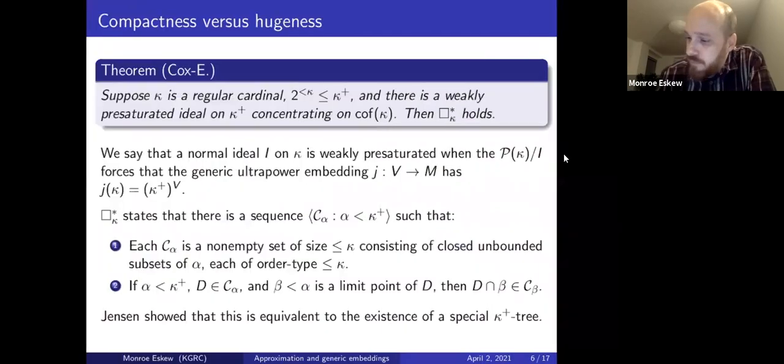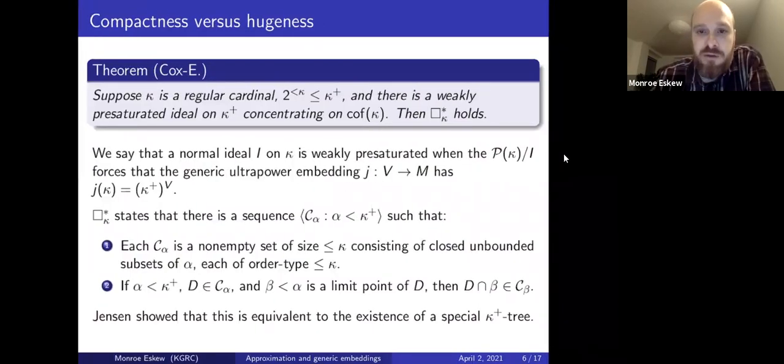Okay, so the first application of mine is this compactness versus hugeness at successor cardinals. The theorem is the following, with Sean Cox. Suppose Kappa is a regular cardinal, and now we're going to talk about Kappa plus. And we assume that 2 to the less than Kappa is less than or equal to Kappa plus.